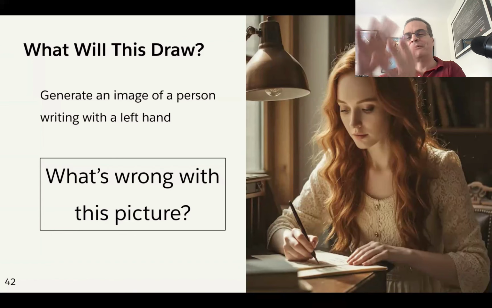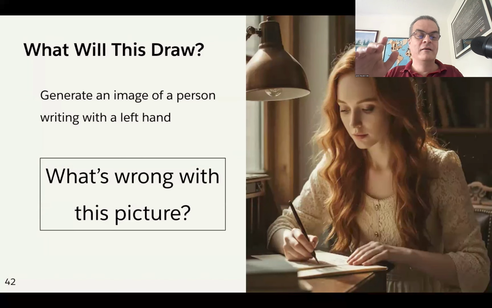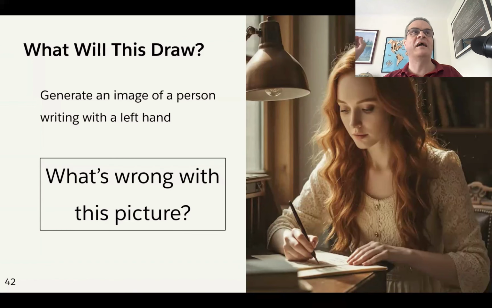I'm taking the same example for something else. In reality, it's really hard to get, even if you write yourself a really good prompt, that lady to hold the pen with the left hand because of the way the AI has been trained. 99.9% of the images on the web are of people writing with the pen in the right hand, so the AI doesn't know how to draw with the left hand.